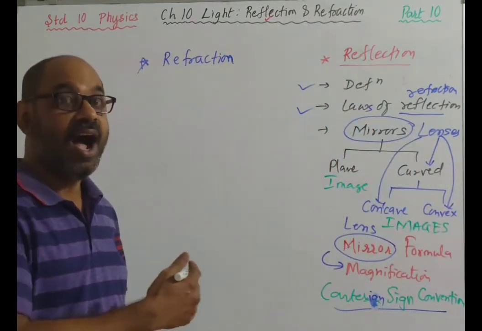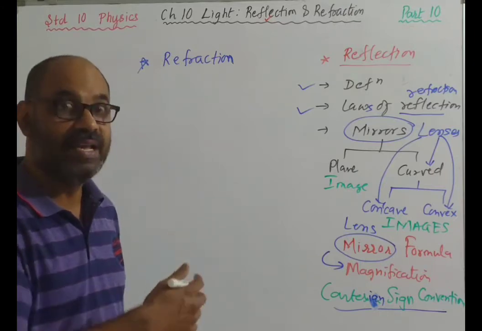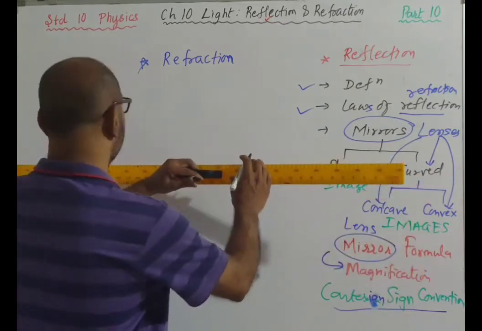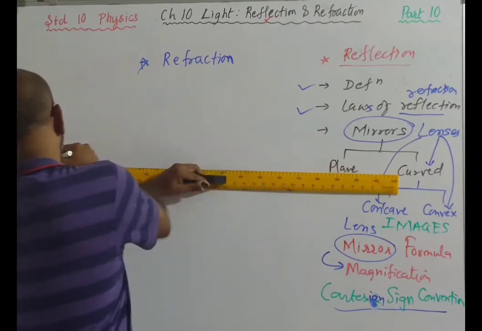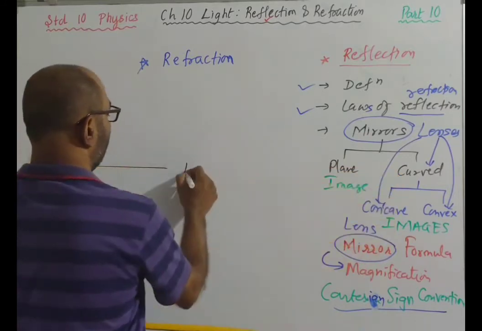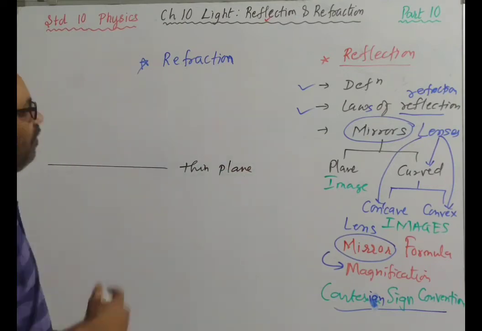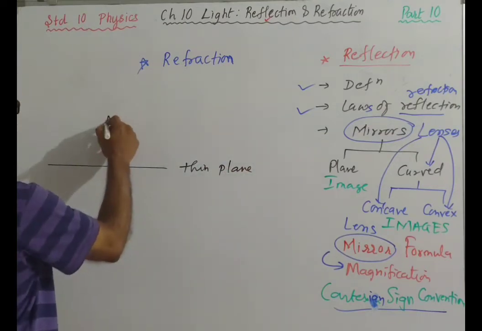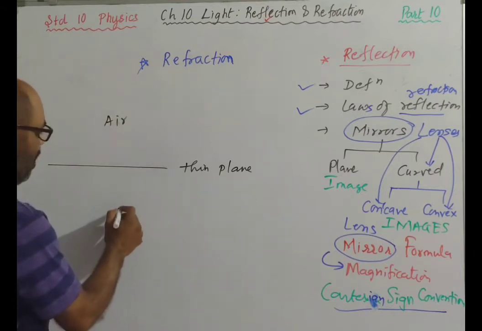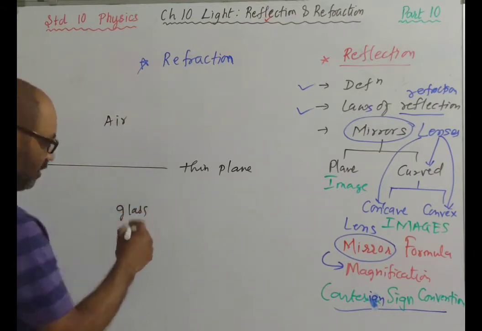Let's see how light travels from one medium to another medium. This is a thin plane which separates one transparent medium, air, from another transparent medium, glass.